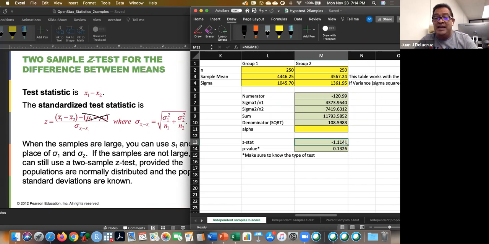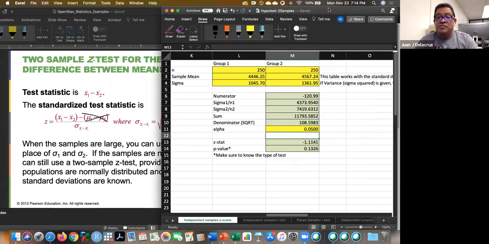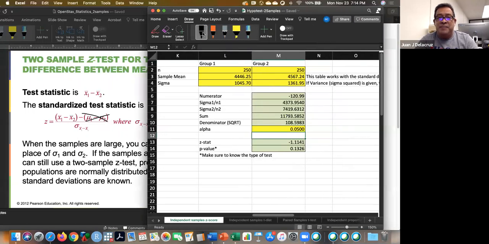So I have 1.11. I also asked Excel to find the p-value, and this is 13%. Just by inspecting the data, if I compare it with the 5% alpha, the p-value is going to be greater than alpha.